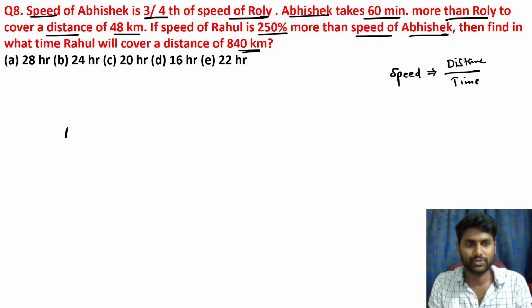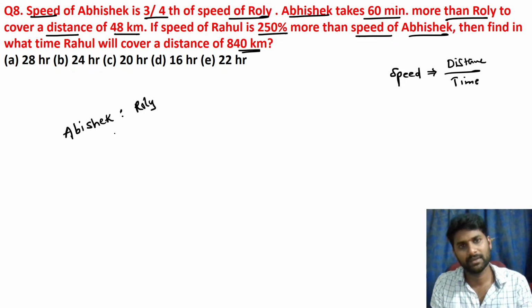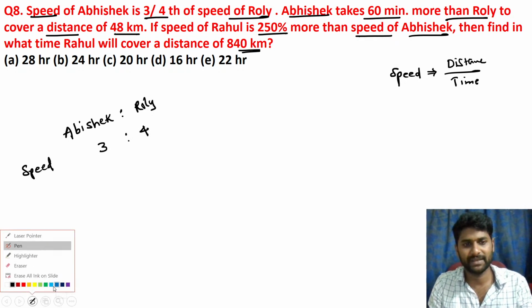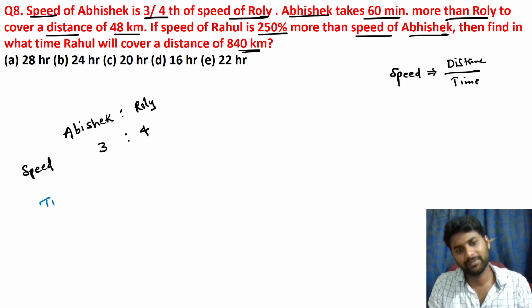Now see, here there are two persons. One is Abhishek and another person is Roli. The respective speed ratio is 3 is to 4. And you already know the relation between speed and time: time is always inversely proportional. If speed is 3 is to 4, time is 4 is to 3.